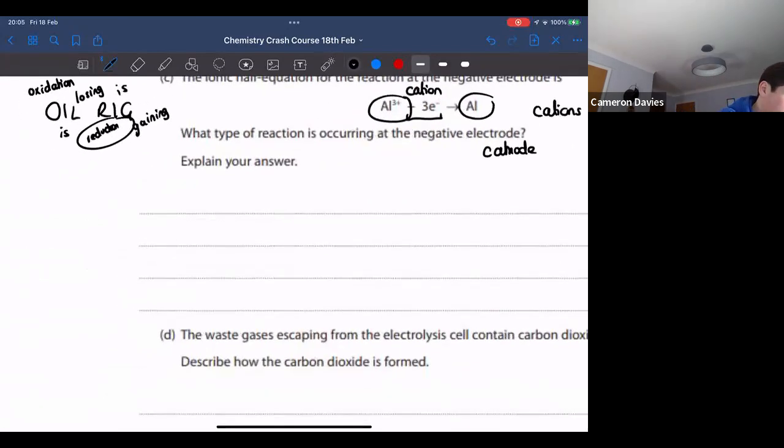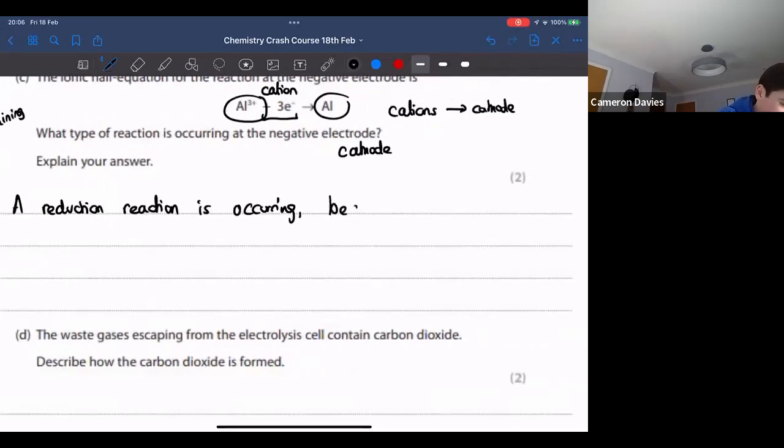So the first mark would be a reduction reaction is occurring. And this is because aluminium is gaining three electrons.